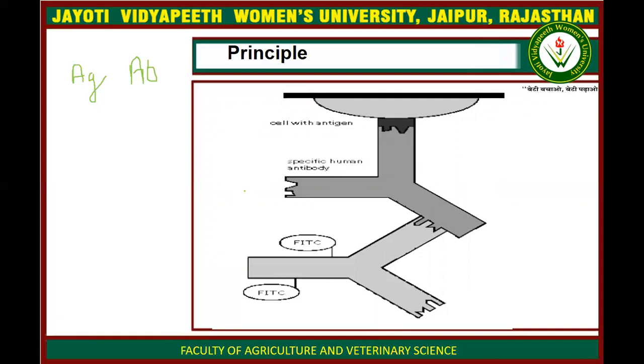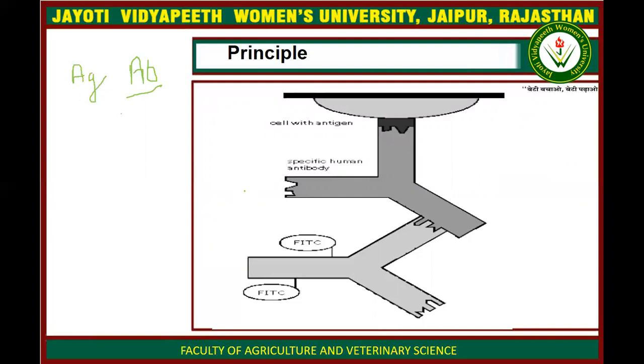In immunofluorescence, the antigen has a particular site known as the epitope, and a particular antibody binds to this epitope. The antibody that binds to this antigen is fluorescent, it is labeled. So when it binds to the antigen, we can detect the presence of the antigen, any protein.